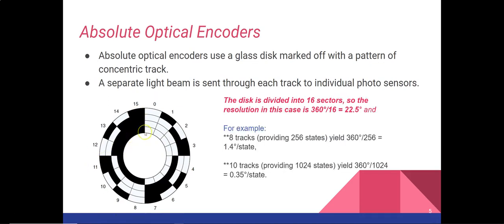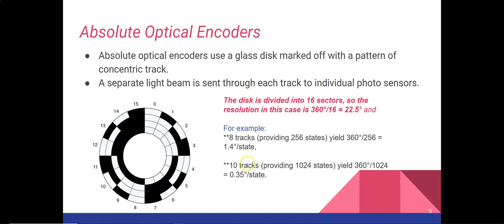Now let's see how to calculate the resolution. The resolution can be calculated by dividing the total angle by the sectors. In this case we have 16 sectors, so if we divide 360 by 16, then we will get 22.5 degrees.